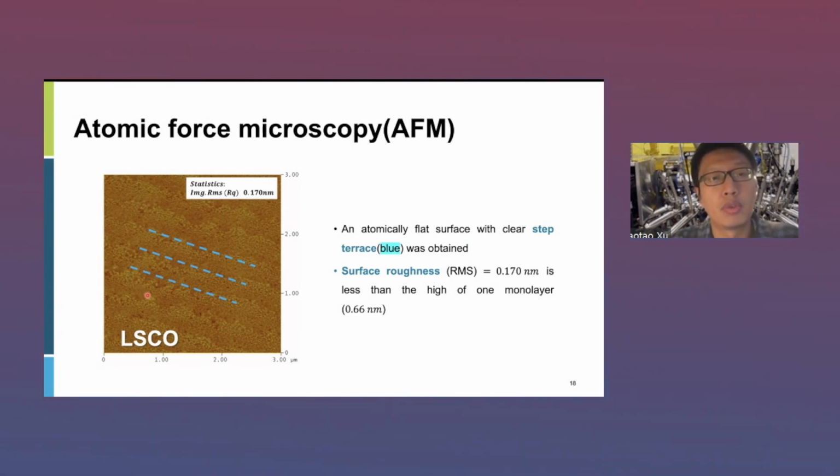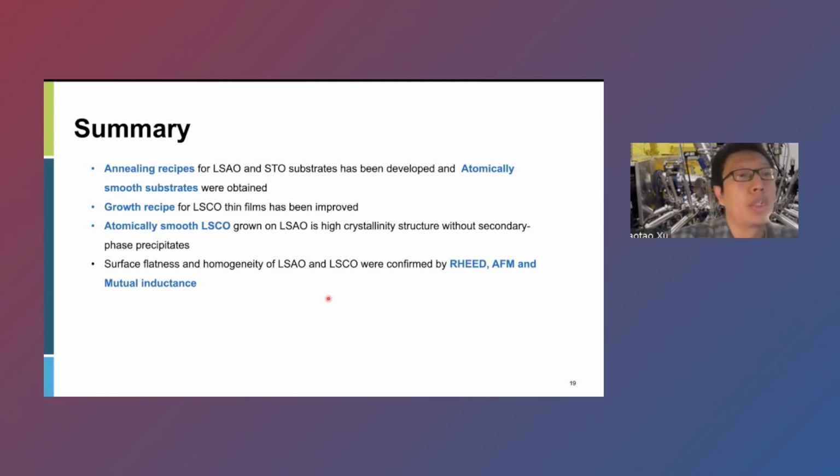So again, it means we have grown an atomically flat LSCO film. In summary, we have prepared an atomically flat substrate. Using this substrate, we are able to grow atomically smooth LSCO films with a sharp superconducting transition. The film quality and homogeneity were confirmed by AFM and mutual inductance.